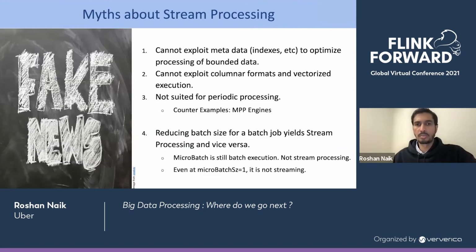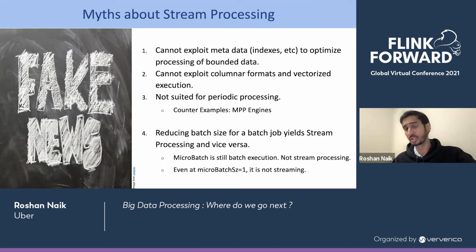There are some myths around streaming being covered here. So a common belief is that stream processing cannot exploit metadata or indexes or optimized algorithms that process bounded data. Or another belief is that you cannot do columnar formats or vectorized execution in streaming, or that it's not suited for periodic processing. But again, MPP engines have been doing this in streaming mode for a long time now.